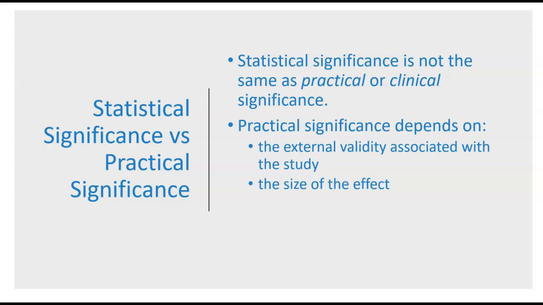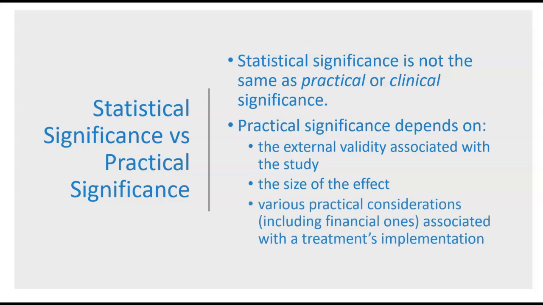You find a statistically significant difference, but the size of the effect is very small. So maybe the boost in reading scores is 2 or 3 points. That doesn't have practical meaning. It's not going to be big enough to have a meaningful impact on how well those kids are actually reading in the real world.